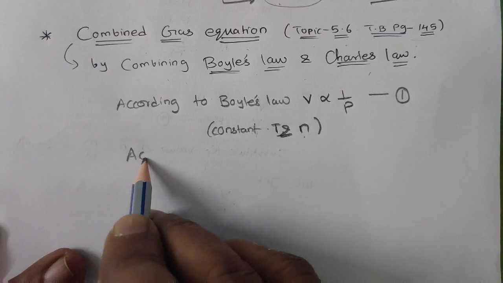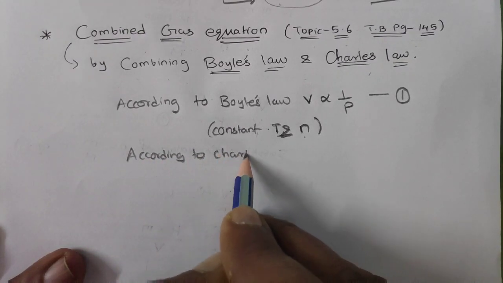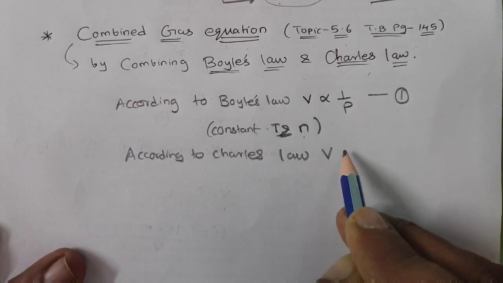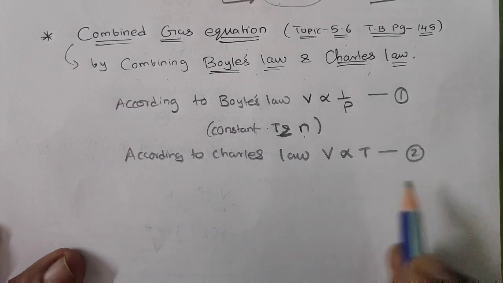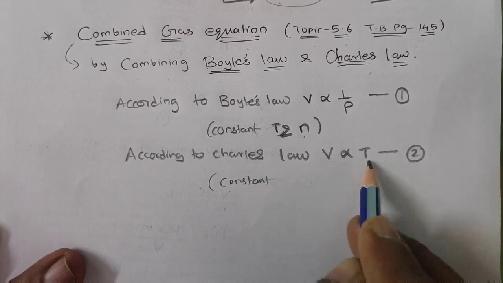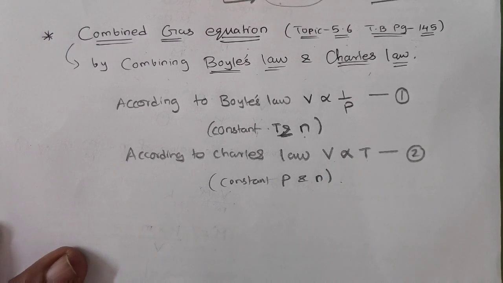Then according to Charles' law, volume is directly proportional to temperature. This I will take as second equation. What is constant in this? See, volume and temperature, so pressure and amount of gas is constant.